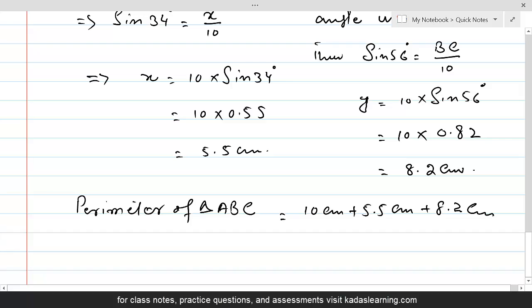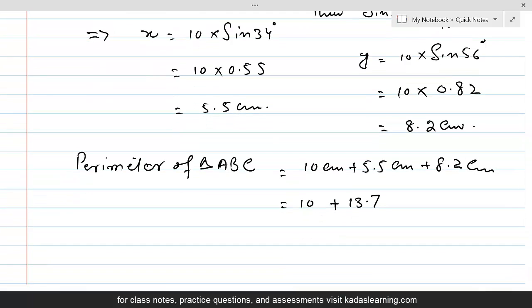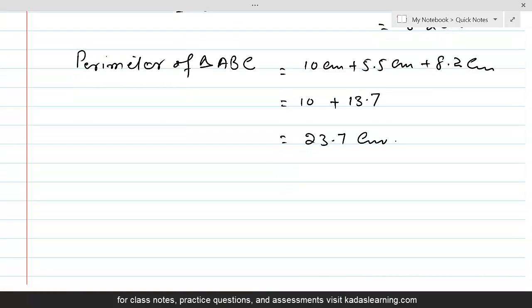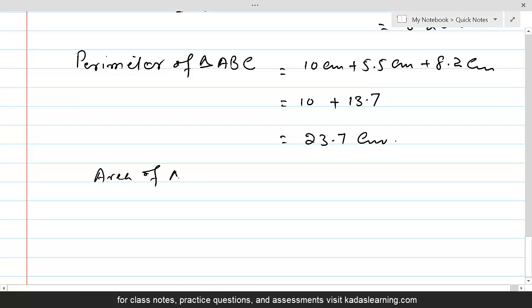This is 10 plus 13.7, and this is going to give us 23.7 centimeter.